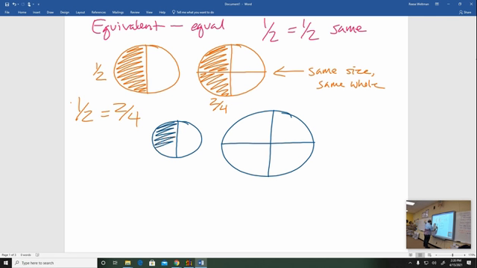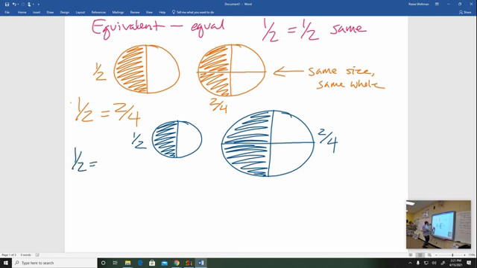And this time I ate half of this one, and I gave you 2 gigantic slices from this one. Well, you have the same fractions, right? This is still 1/2 over here, and this is still 2 fourths. Now, the pizzas are not the same size. However, the fractions, 1/2 and 2 fourths, are still equivalent.